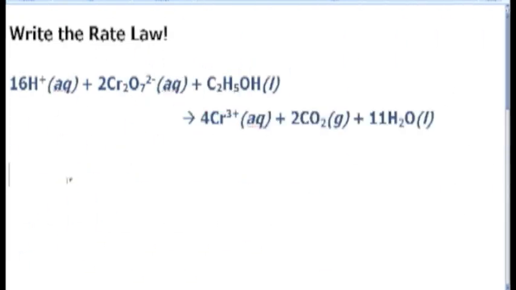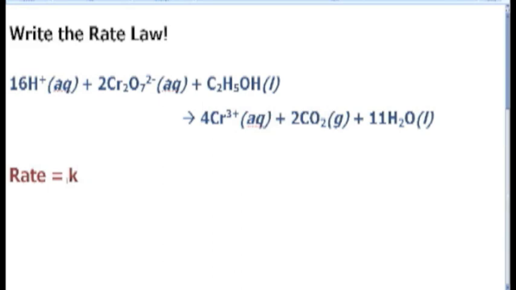All right, let's try another one. For this rate law, the equation's a little more complicated. However, if we stick with our same rules, you'll see the rate law itself looks basically the same as the one we did before. We're going to start with rate equals, and again, K, the proportionality constant. We don't have a value right now.